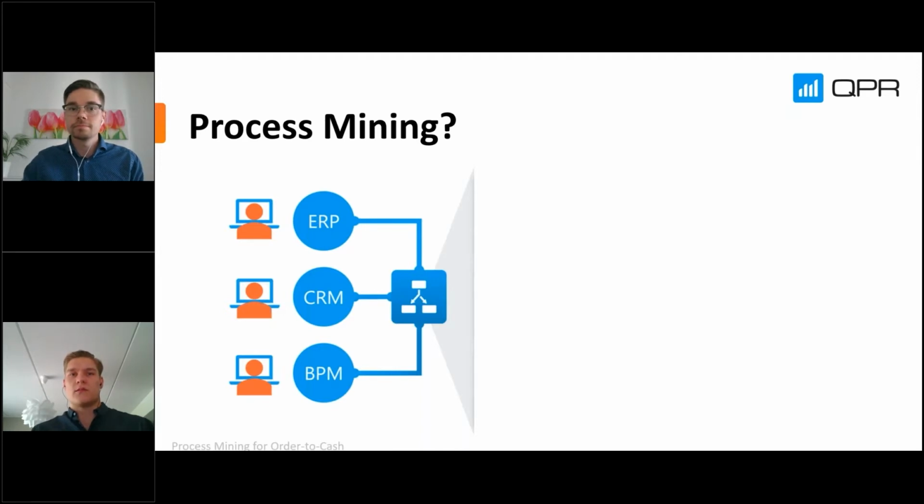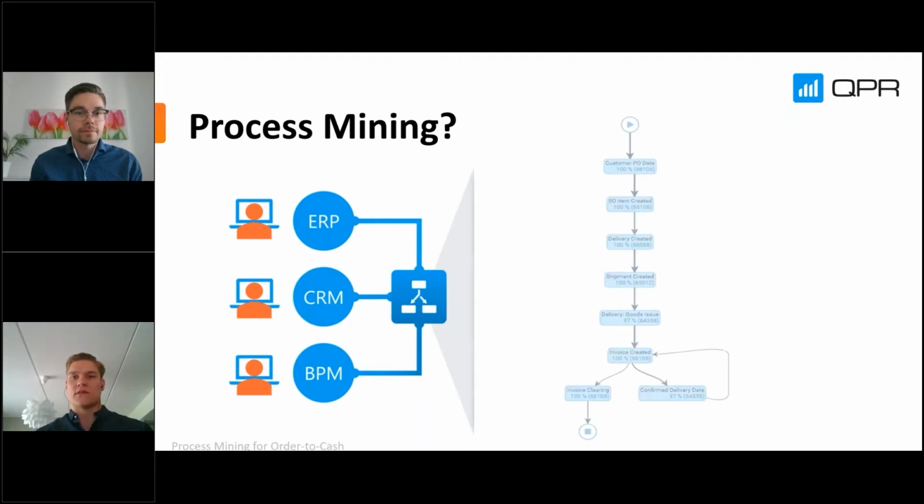In process mining, we use this event data to create fact-based process analysis. For example, we create and discover process flow charts like this one, which includes activities such as sales item creation, creating deliveries, creating the invoice itself, and then clearing the invoice. That means the invoice was paid and the case itself is finished.